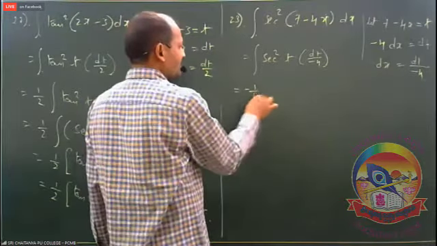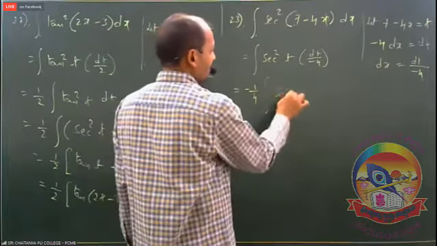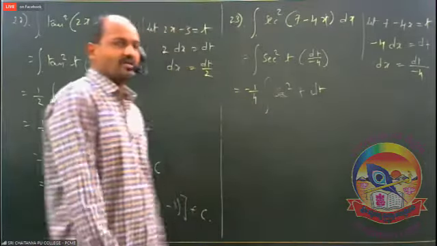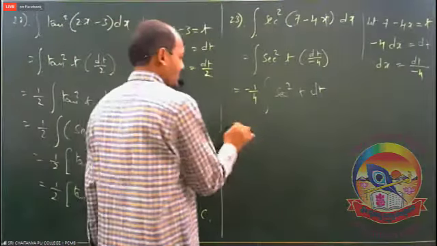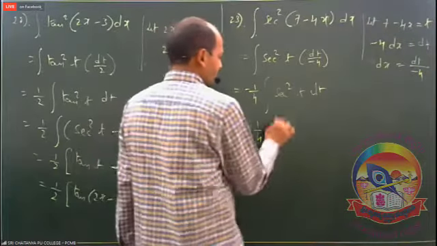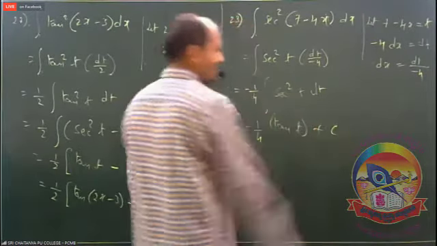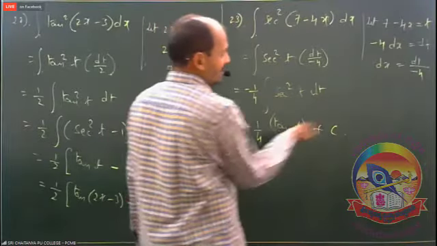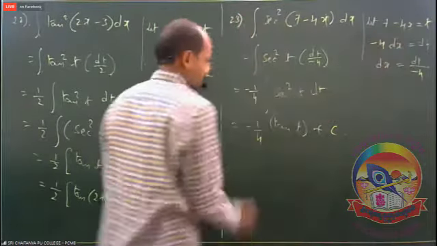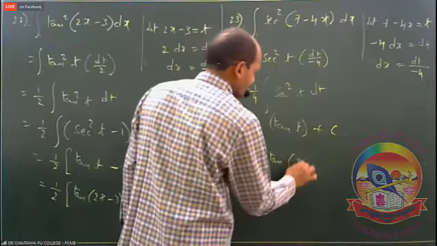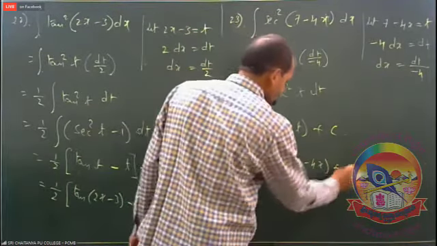Minus 1 by 4 into integral of secant square t. The integral of secant square is tan. Minus 1 by 4 into tan t plus c. Again we substitute instead of t, that is 7 minus 4x. Minus 1 by 4 tan(7 minus 4x) plus c.